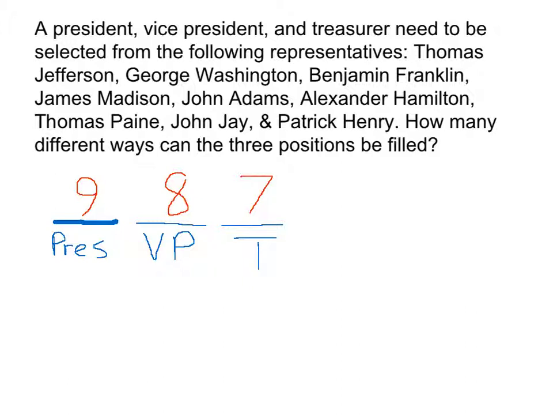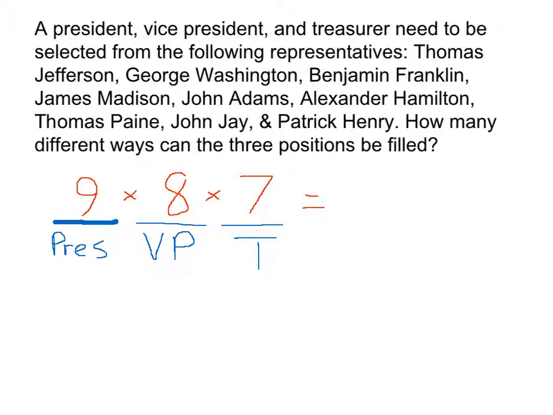So for that ordering of Paine as president, Hamilton as vice president, I have 7 possibilities for treasurer. So in total, I have 9 times 8 times 7 possible ways that I can put this ordering of people: 1 vice president, 1 president, and 1 treasurer all together.